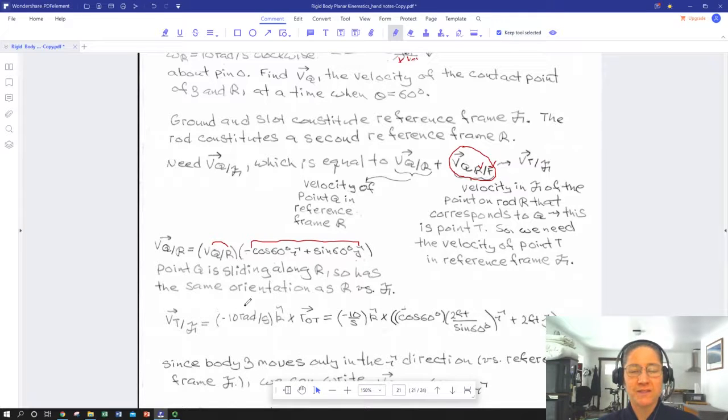So again, this is super simple. Now we're back on a single rigid body. We've jumped onto rigid body R, and we're just looking at the relative motion of point T, which is the contact point to Q, which we want to know the motion of, versus our pivot point. Velocity of the pivot point, 0, so we only have the rotational component.